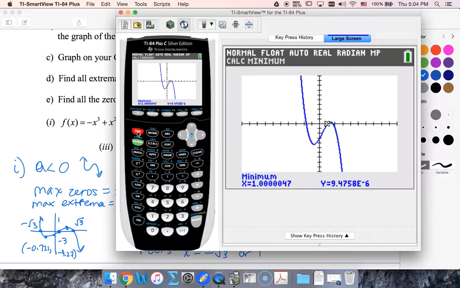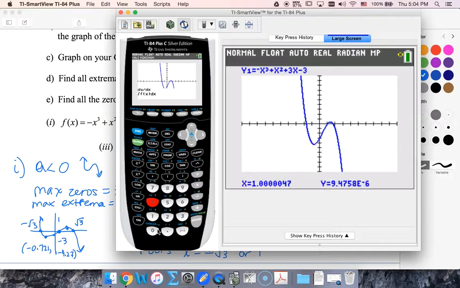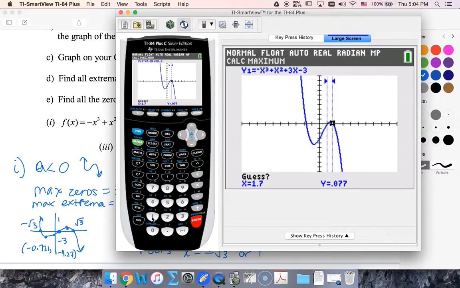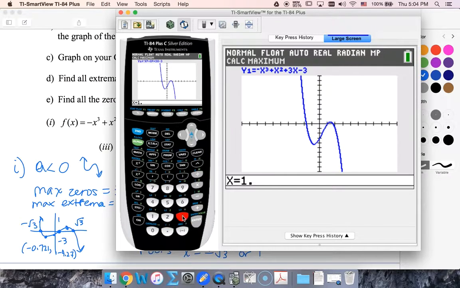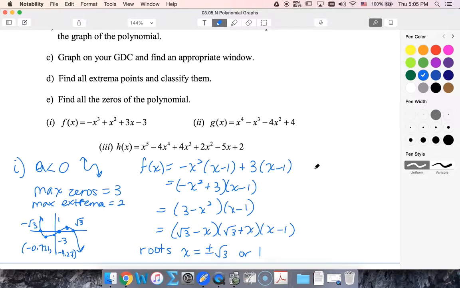Minimum. Didn't want to find my minimum. I wanted to calculate my maximum. So left bound is 1, right bound is about 1.7. So halfway between that is going to be about 1.3. And there we go, 1.39 and 0.417. So max 1.39, 0.417.